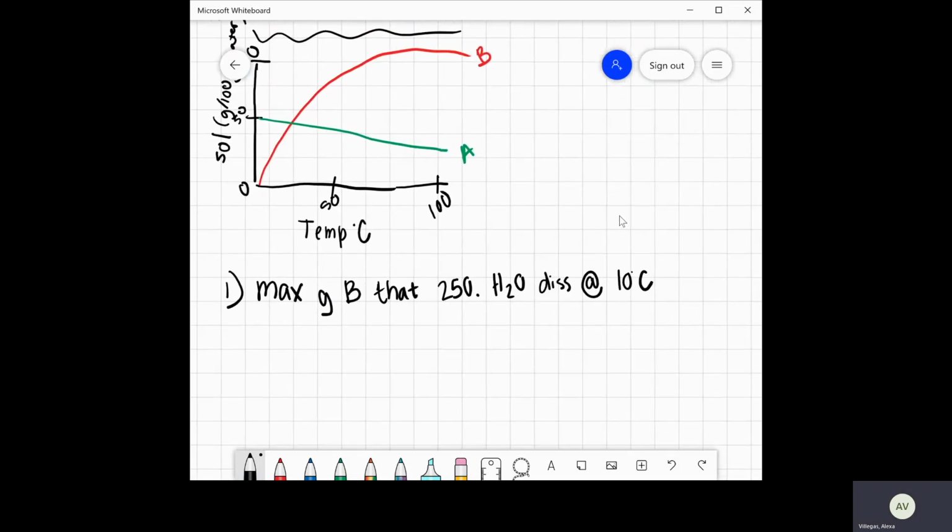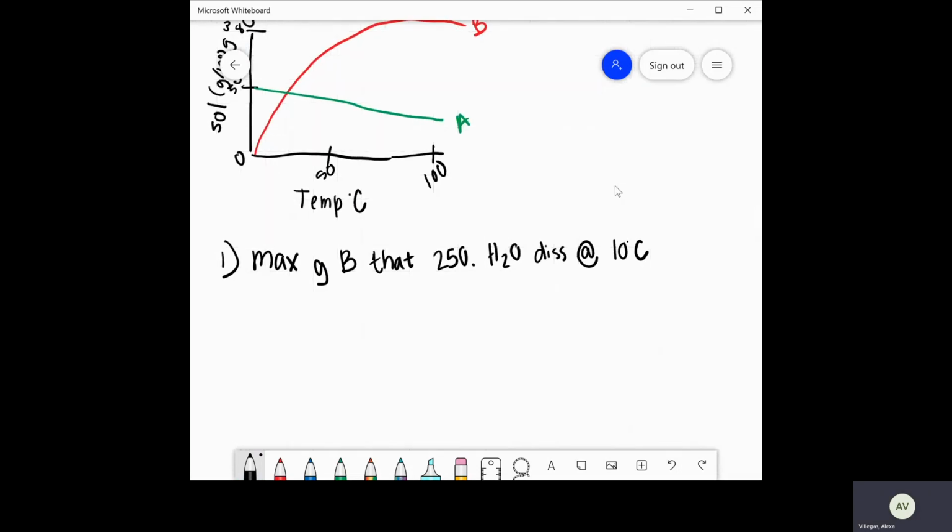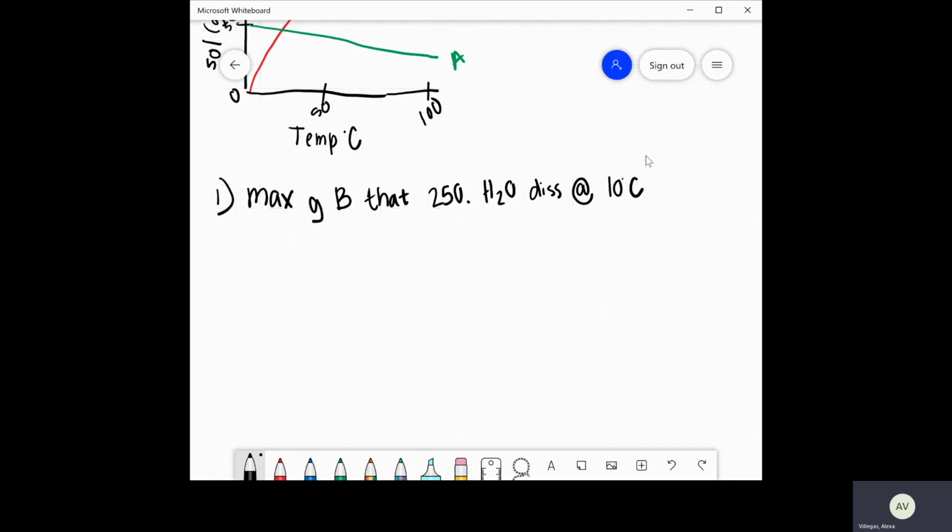Given this graph, at 10 degrees Celsius there is a max of 20 grams of substance per 100 grams of water. And you're given that there are 250 grams of water.